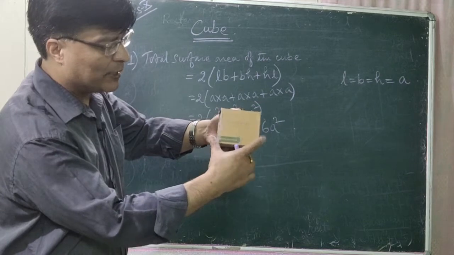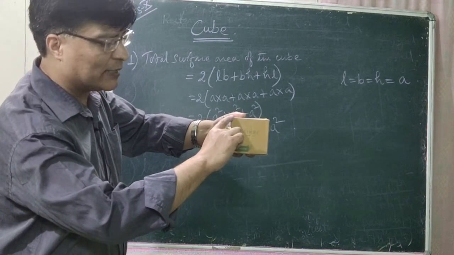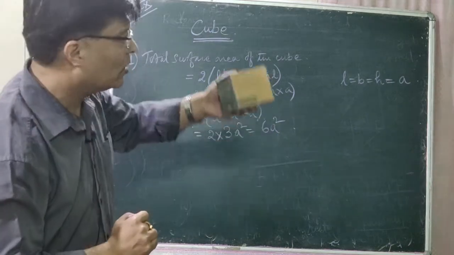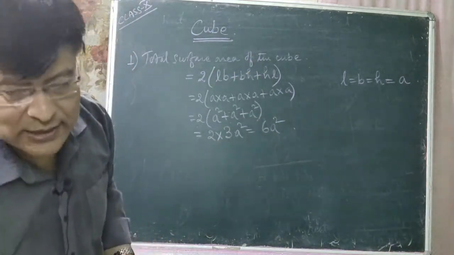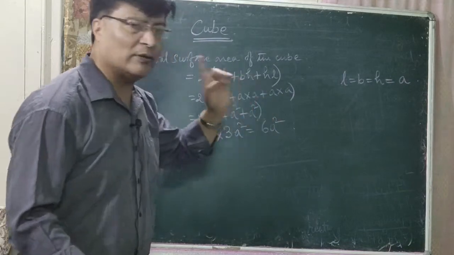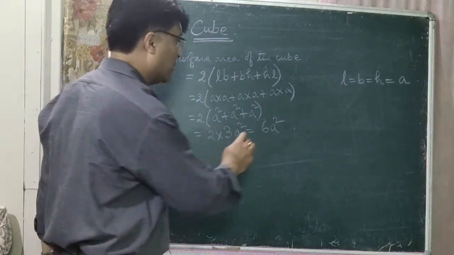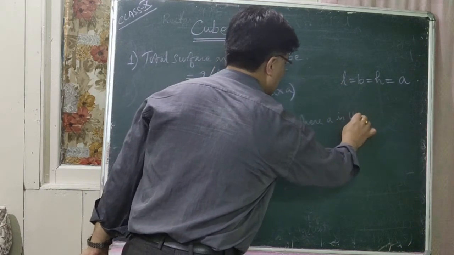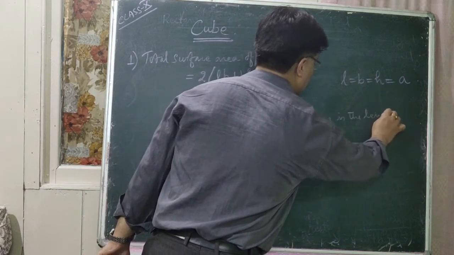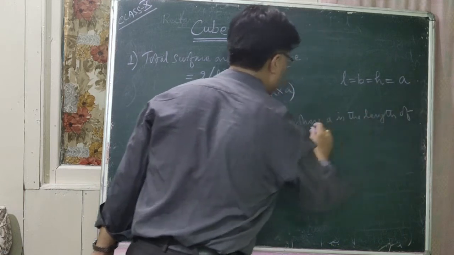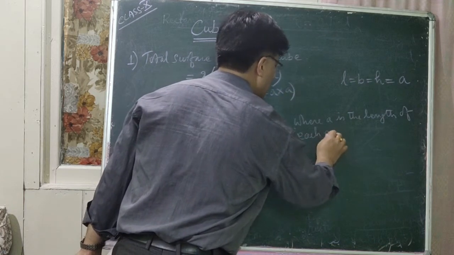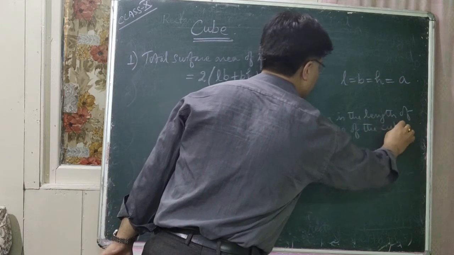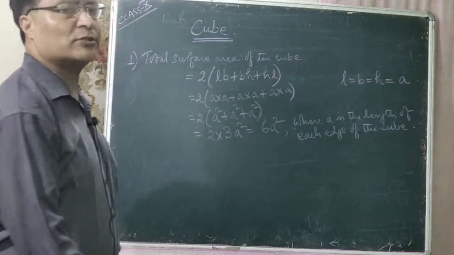Because length, breadth and height are all equal, we give each of them the name edge. All the edges are equal in this case. So where A is equal to the length of each edge of the cube. So I think you have understood it.